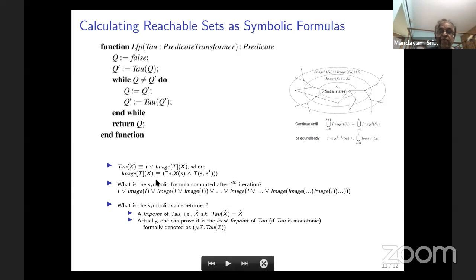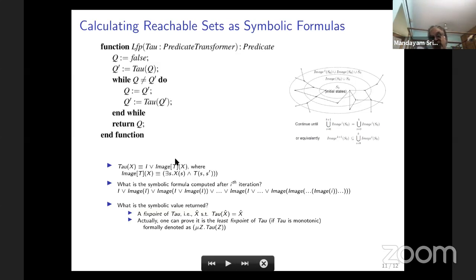That's why you have to be collecting sets of states as you go along. And therefore, what you end up collecting eventually will be a fixed point of this transformer on sets.